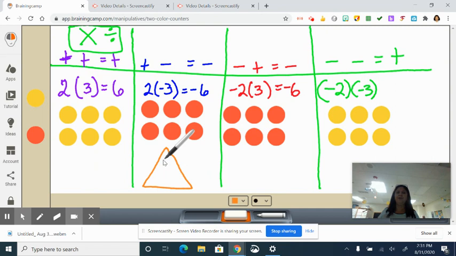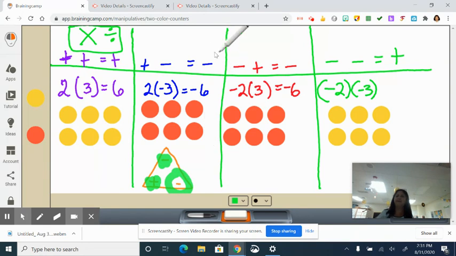On your triangle, you put two negatives wherever you want and a positive in the other corner. And then you say, I'm going to scratch out my positive. I'm going to scratch out my negative, and let's see what it leaves me.